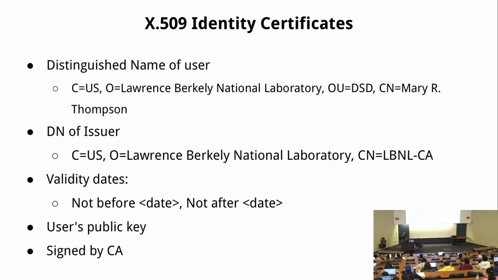For example, we have the name of the owner of the certificate, from country level to organization level, to make sure there will be no two identities with the same names. There will be validity dates. So the certificate we use right now is called the X.509 certificate. That's the format we're using.